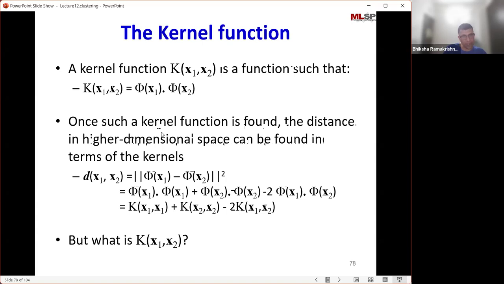We will see. But assuming that I had a kernel function of this kind, then the distance between two points x1 and x2 in the high dimensional space is simply phi x1 dot phi x1 plus phi x2 dot phi x2 minus 2 times phi x1 dot phi x2, which is simply the kernel computed between x1 and itself, plus the kernel computed between x2 and itself, minus 2 times the kernel computed between x1 and x2. Is this making sense?